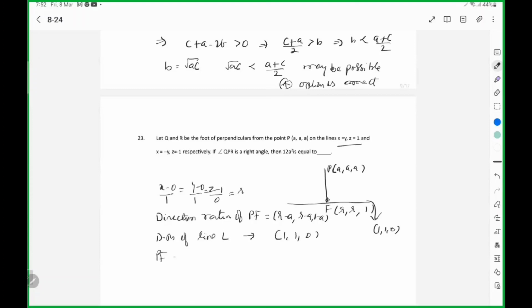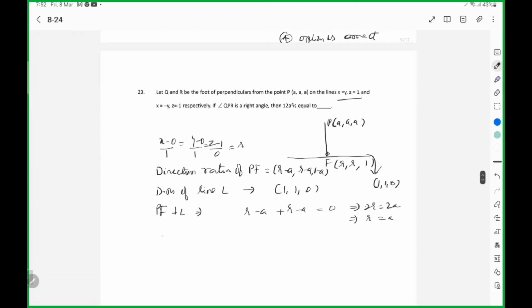PF is perpendicular to L. r minus a is equal to 0. 2r is to a, r here is a. So foot of the perpendicular A1. So x here is 1, z plus 1 is 0.